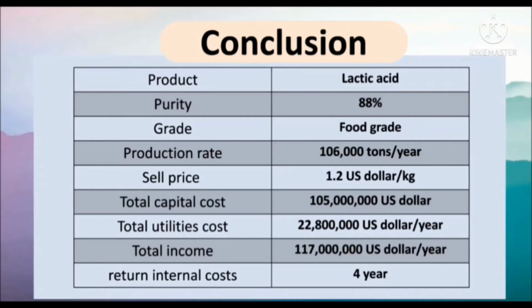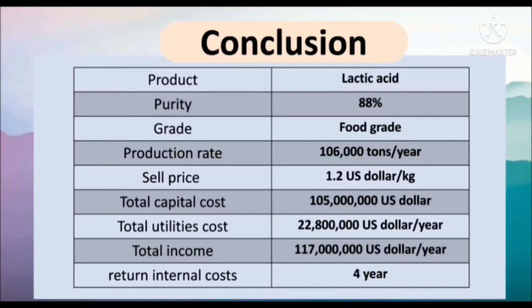Our product is lactic acid with a purity of 88% in food grade. The production rate is 106,000 tons per year, and the sale price is $1.2 per kilogram.